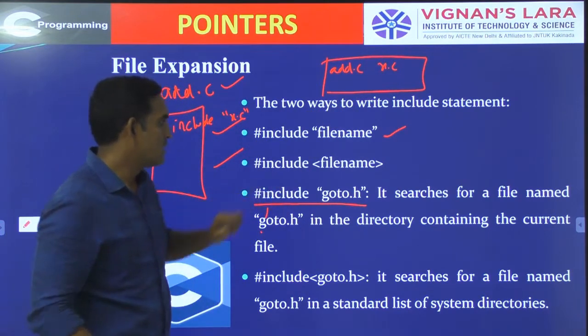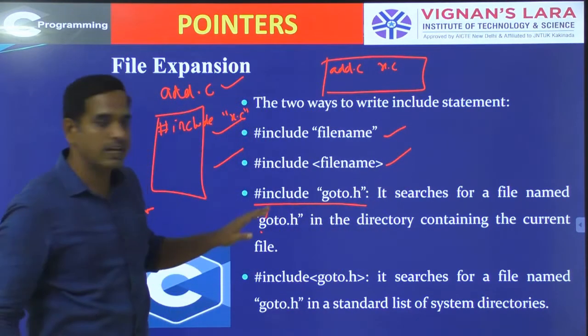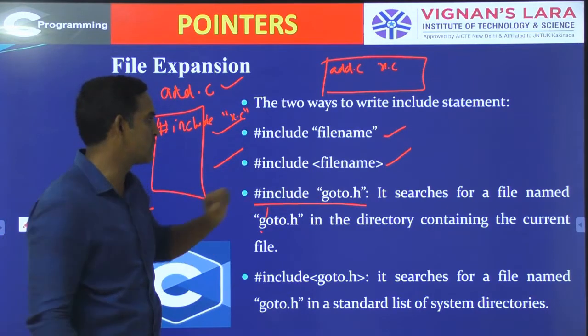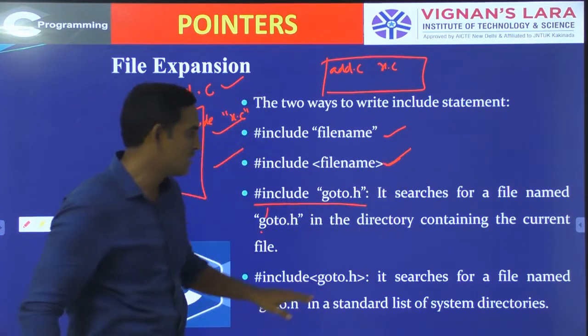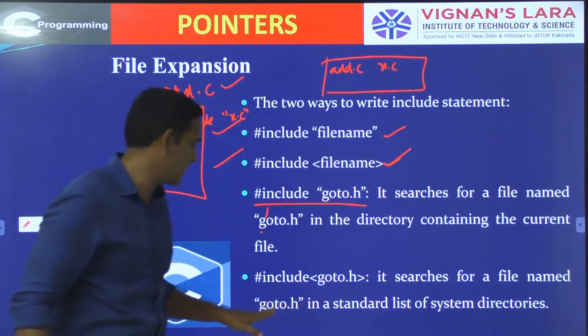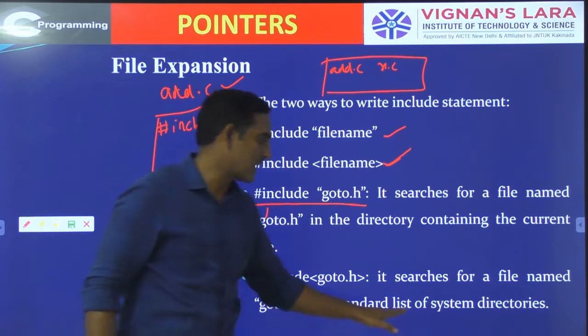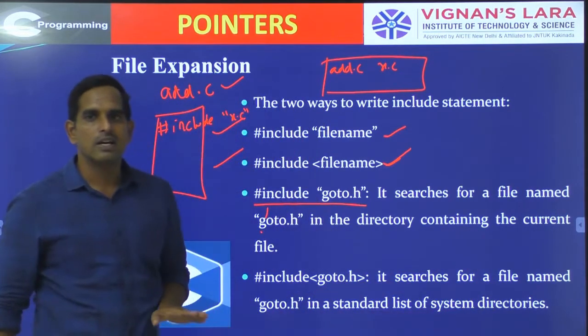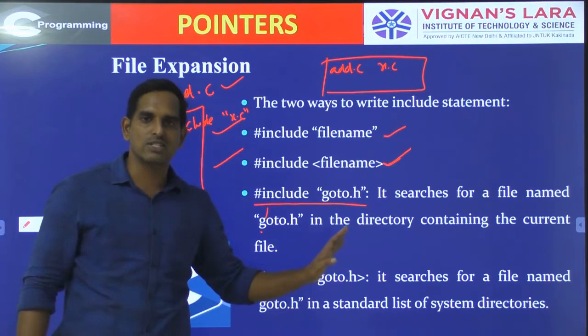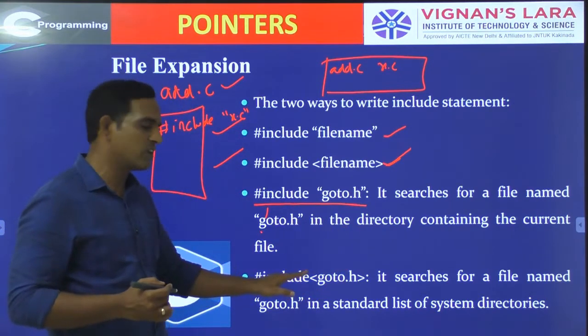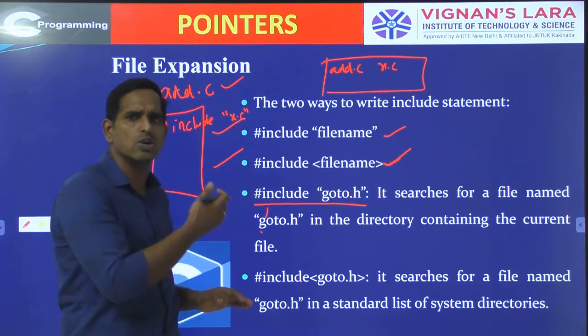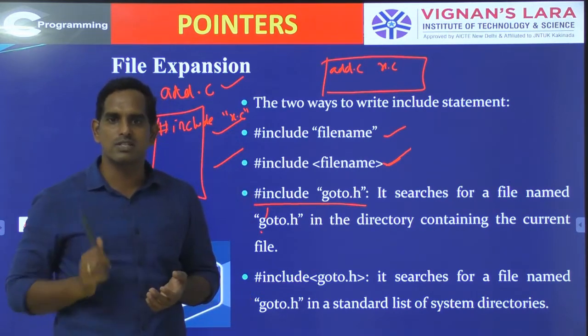Okay, and your hash include with angle brackets, this particular declaration will be used when it searches for the file name goto.h in the standard list of system directories. Okay, it will contain a set of system directories. This particular thing is going to search for the file in those system directories.